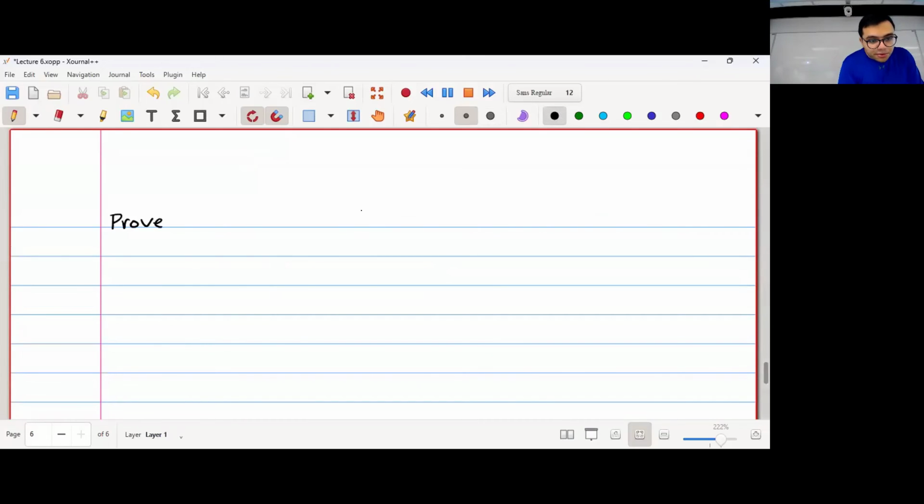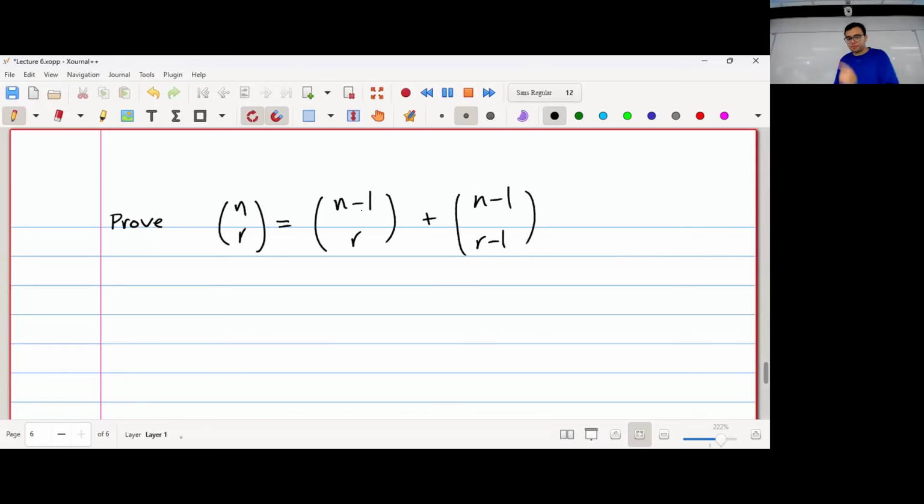Prove this: n choose r is equal to n minus 1 choose r plus n minus 1 choose r minus 1. And again, I'm always assuming that n is bigger than r, and n minus 1 is also at least r, so that all of them make sense.